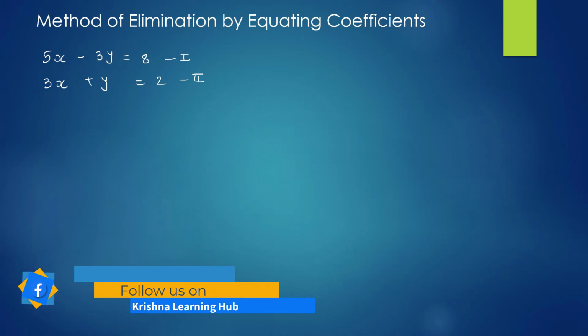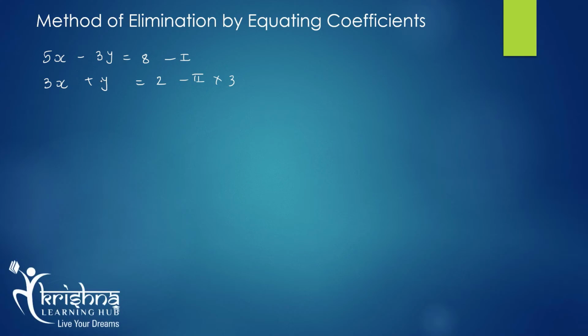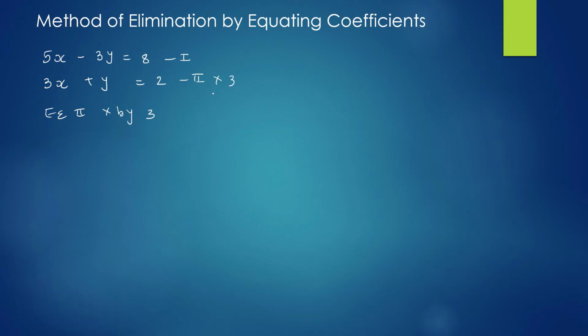Why are we selecting y? Because it's easier and quicker to solve, because we just have to multiply by 3, then variable y will be equated. So equation 2 multiply by 3. Now remember that if you are multiplying the equation, then you have to multiply the whole equation.